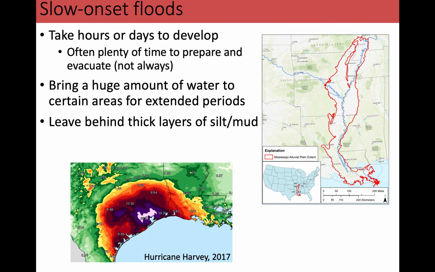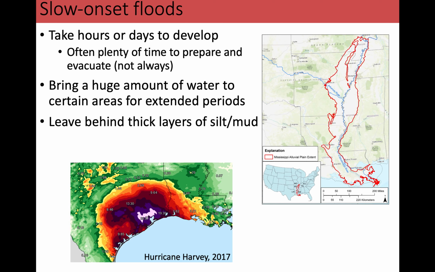Slow onset floods take a very long time to develop. That's why they're called slow onset. Generally, there's a large amount of time for us to prepare and evacuate. We might know that the rain is coming. We know that the temperature is going to peak, that means all of our snow is going to melt, and that means we can expect flooding.